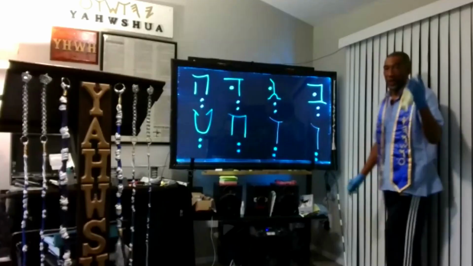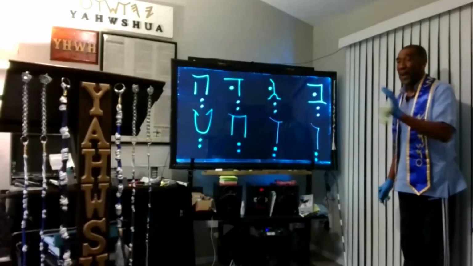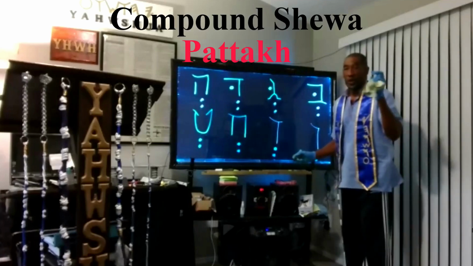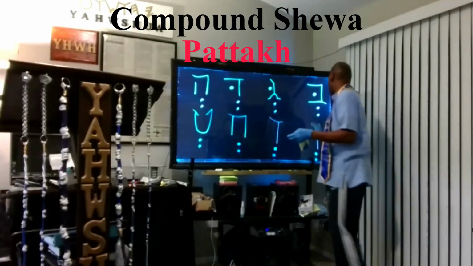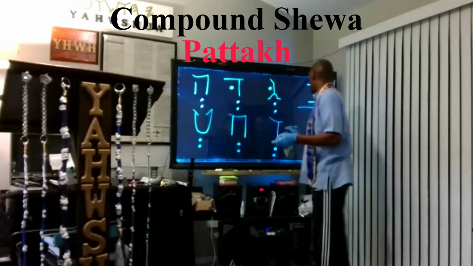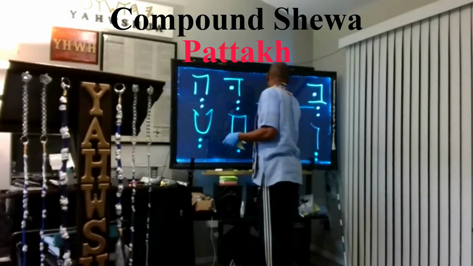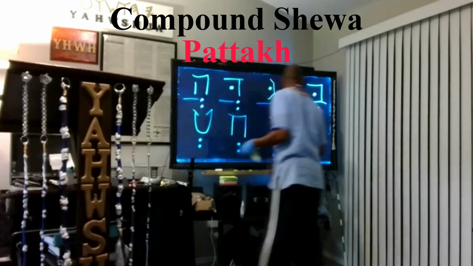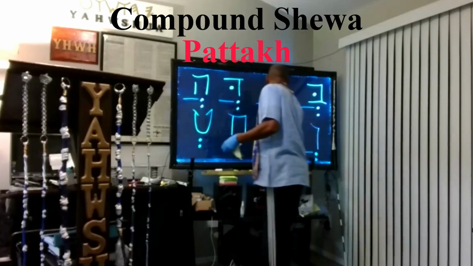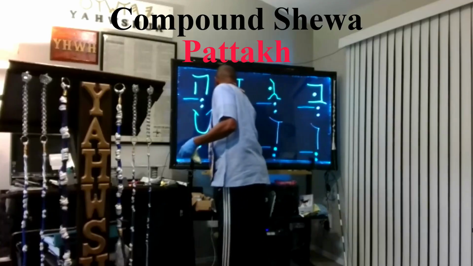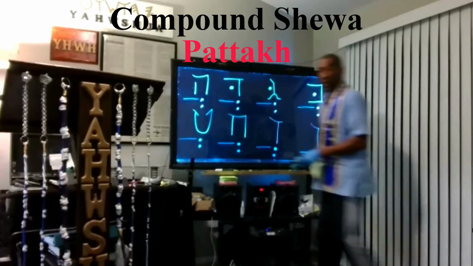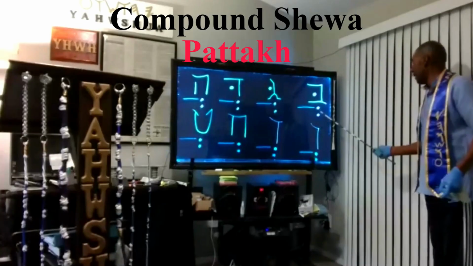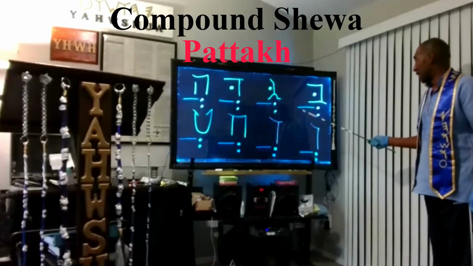Now there's three for a compound schwa. We're talking about compound now. The patak is only for three short vowels. You have the schwa on the right and the patak on the left.